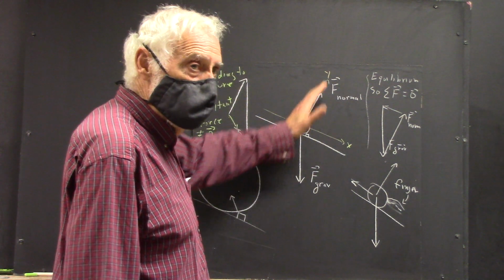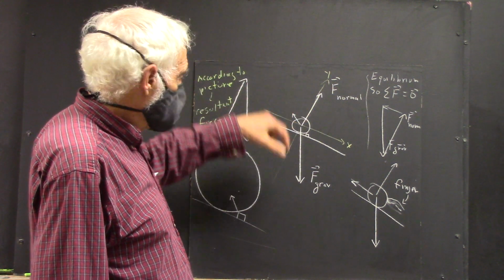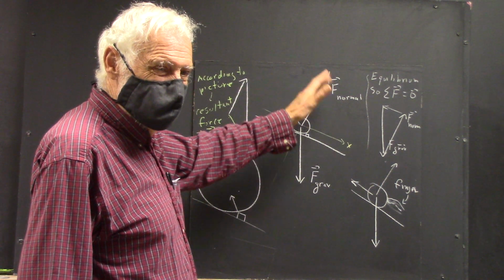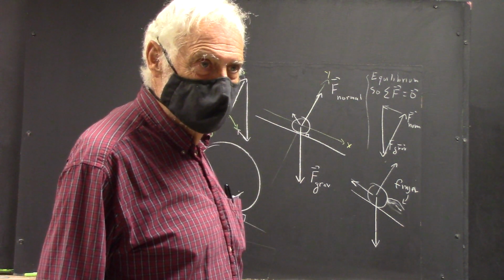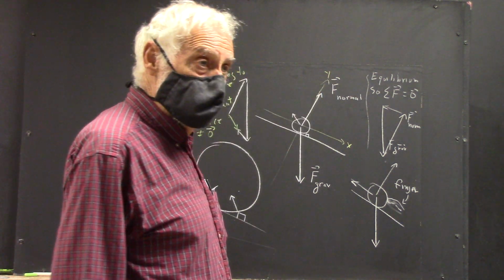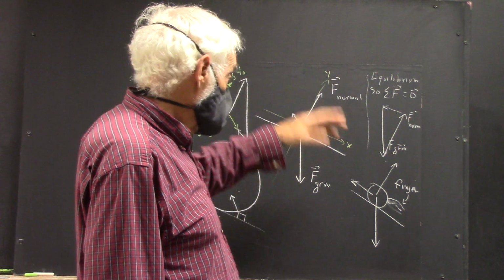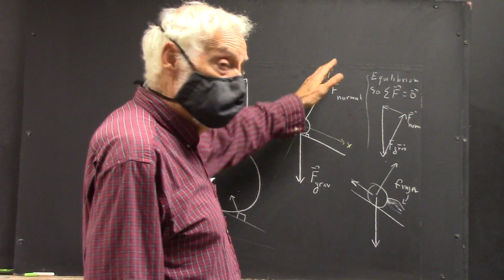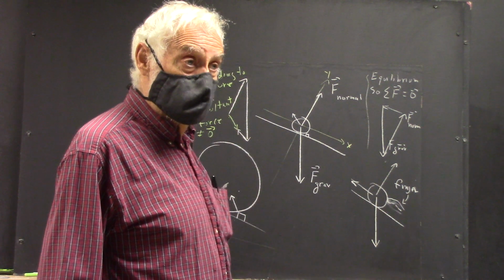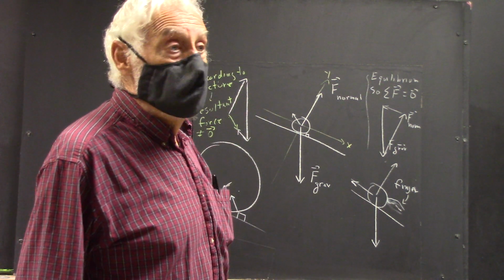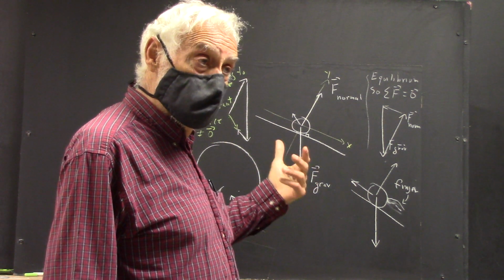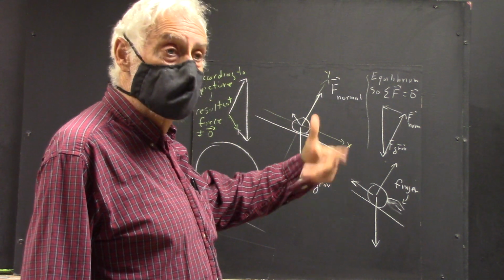My normal force didn't really draw perpendicular. That angle's supposed to be 90 degrees, which was about 83 degrees or something. I didn't draw the normal force with a good perpendicular. But the point is that if I draw it right, the normal force is going to go along the y-axis, and the incline is in the direction of the x-axis. If you're analyzing forces on an object on an incline, that's the way you want your coordinate system to be oriented.